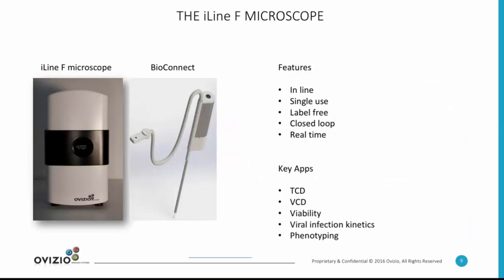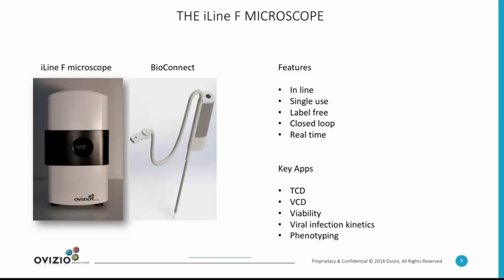So the main features of the ILINE F microscope with the BioConnect is that it's inline. So the BioConnect is connected within the cell culture vessel. It's single use. The BioConnect is single use. It's label free. We do not use any reagents. We do not use any stains to have a look at the cells.